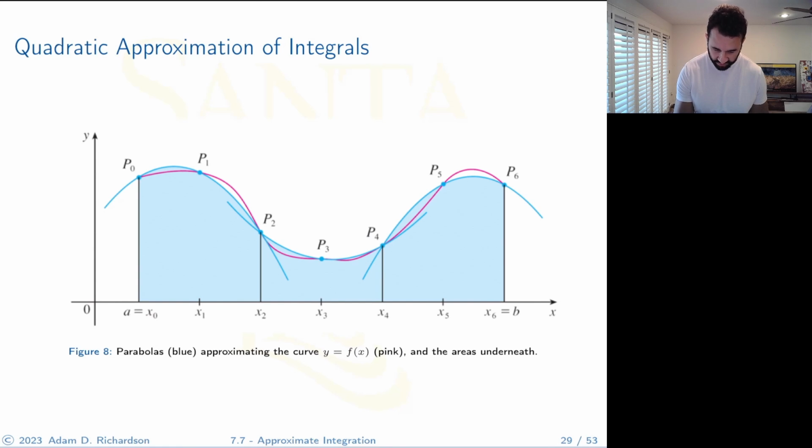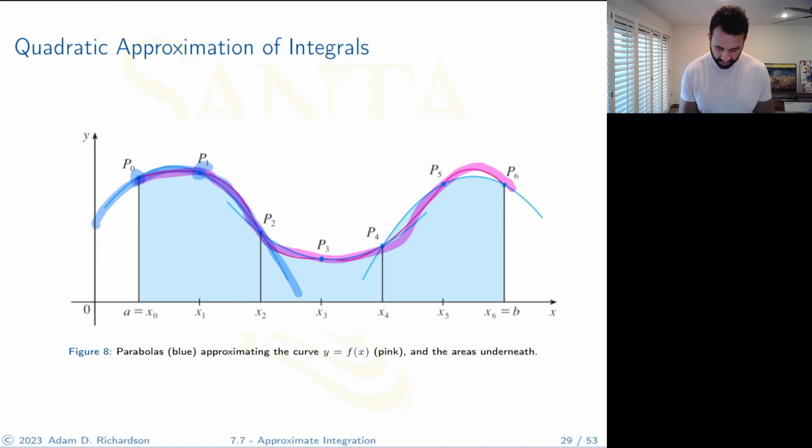Let me emphasize something a bit here. The curve we're approximating here is pink. So let me highlight it somewhat carefully. Okay, so that pink curve is the function that we want to approximate with parabolas. All right, and the blues are the approximating parabolas. So here's one right there.